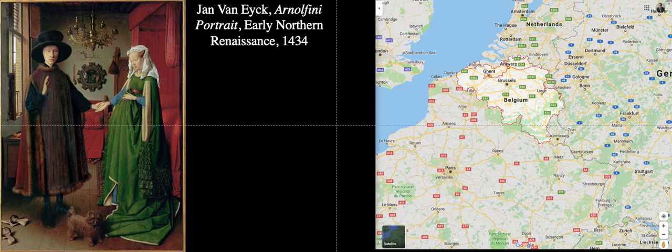The early part means it is this interesting transitional moment between the late medieval world, which Van Eyck is kind of a part of in terms of being able to see it in his recent rearview mirror, and then the full cultural explosion of the Renaissance that will exist about 60 years later than this painting. And so early Northern Renaissance is this period that roughly translates to say 1400 to 1470, give or take.